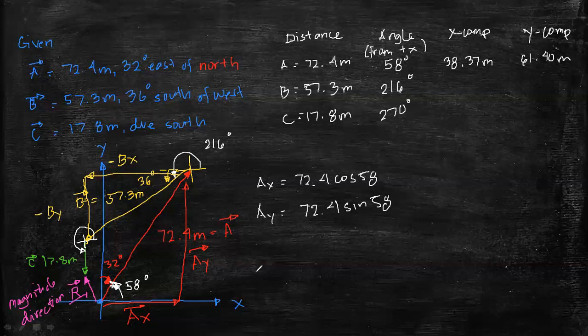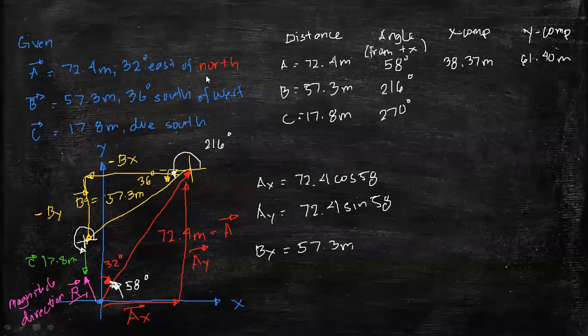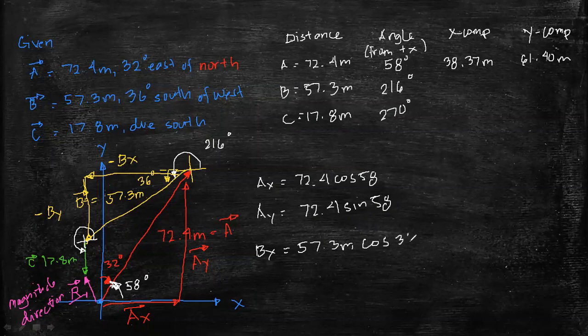So we may use Bx is equal to 57.3 meter times cosine 36 degrees. So with this equation, 57.3 meter times cosine 36, it will give us a positive value of Bx.